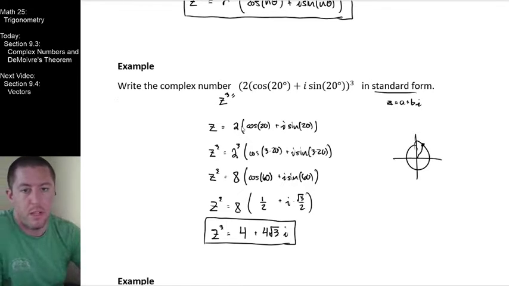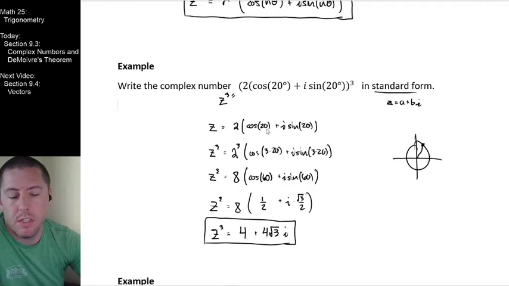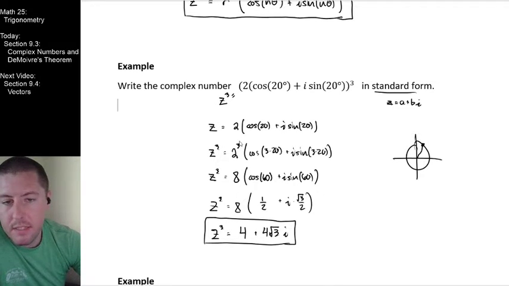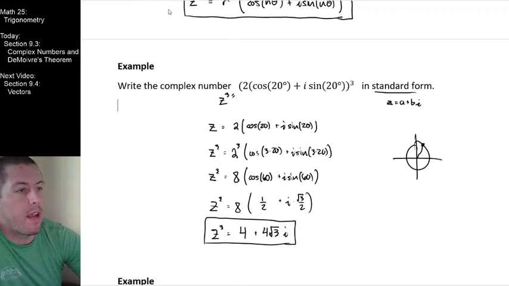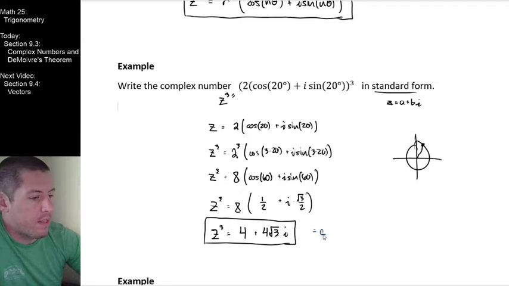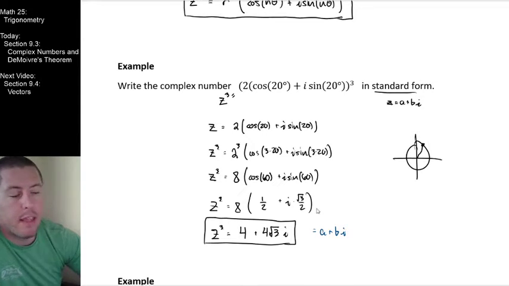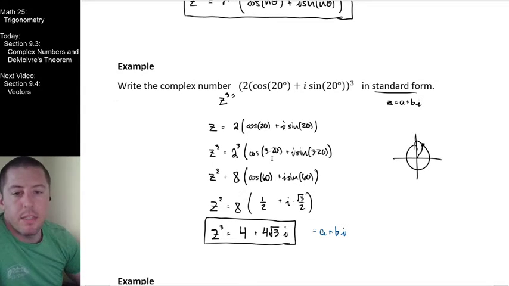I didn't want to think about the power for 1 second. Here is sort of our baseline number. To cube the number, we cubed the radius, and we multiplied by 3 the angle, and then we just evaluated to get back into our standard form right here. This is our A plus BI right there. So I can see what my real component is. I can see what my complex component is right there.